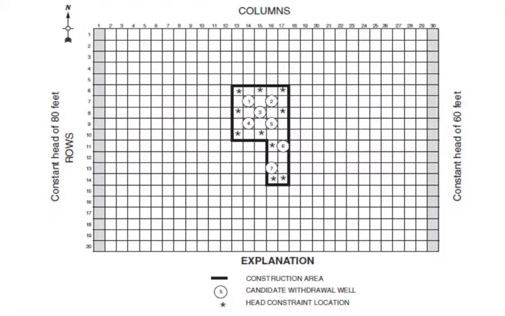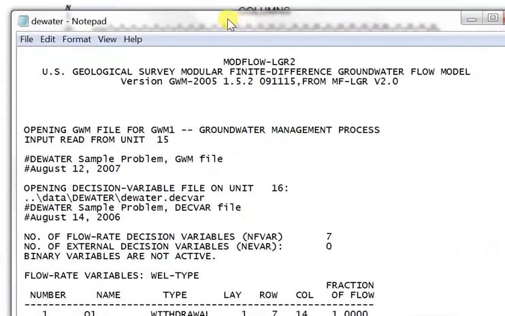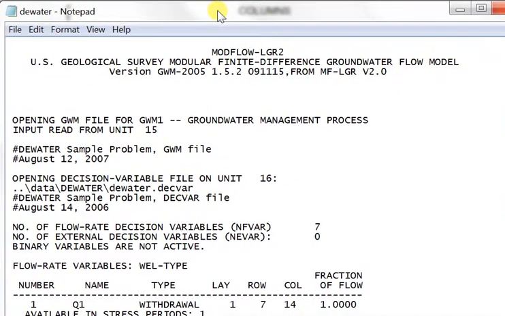In previous episodes, we've gone through the input to this problem, and now we'll take a look at the output. And here it is. This is written to a file that has been named dewater.gwm out, and we'll just scroll through it and see what's in it.